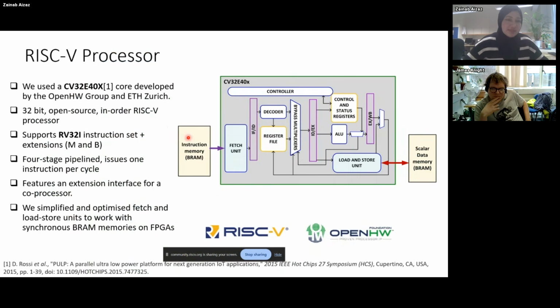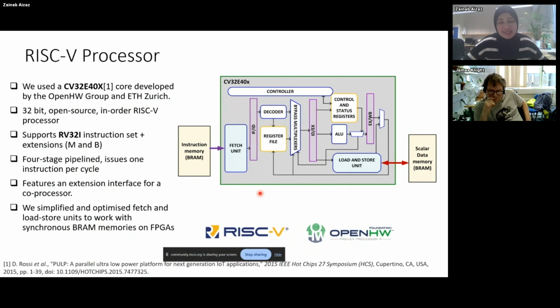Firstly, the RISC-V processor. We used the CV32E40X core developed by the OpenHW Group and ETH Zurich. It's a 32-bit open source in-order RISC-V processor, and we use the RV32I instruction set with multiplication and bit manipulation extensions. It's a 4-stage pipeline core. The instruction memory and scalar data memory are BRAMs, the block RAMs.